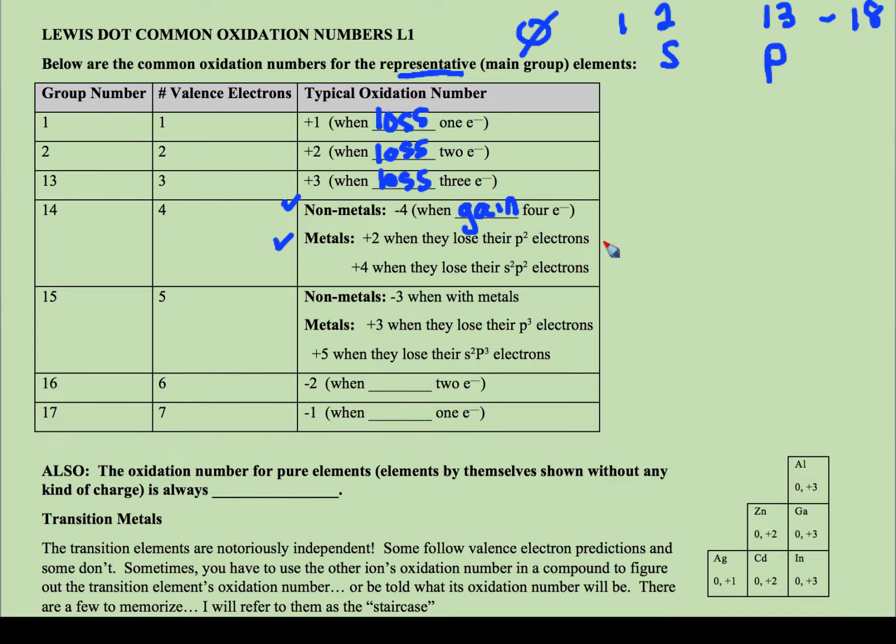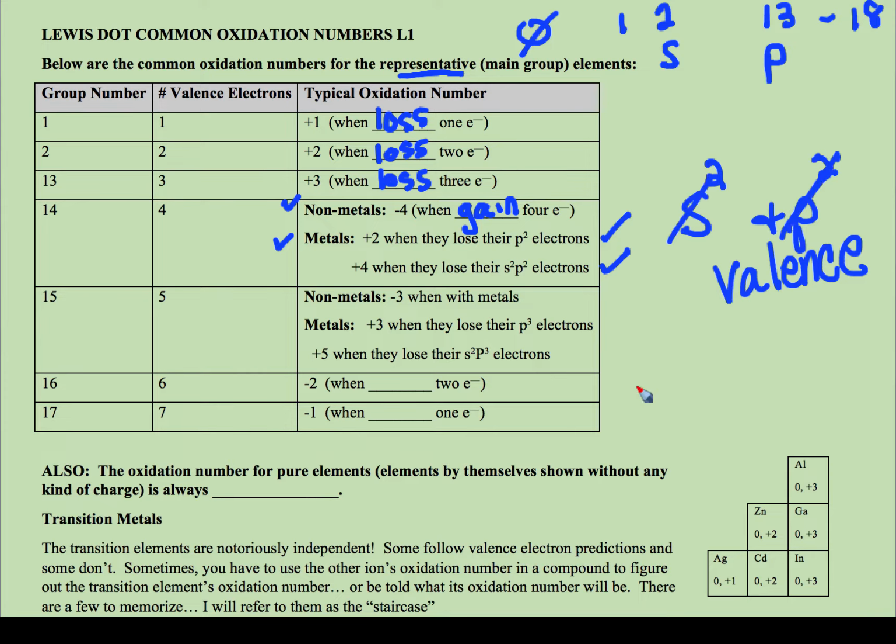The metals can either lose 2 to become +2 or 4 to become +4. So we're always dealing with our outer S and P valence electrons. They have 2 S's and 2 P's. They can lose their P's to become +2 and their S's and P's to become +4.